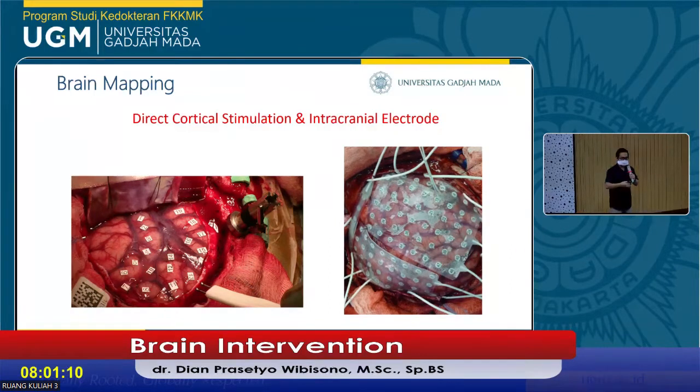And in this surgery, the patient is awake, jadi pasiennya bangun di sini ya. Pada prosedur ini tuh pasiennya bangun. With the awake patient, we instruct the patient to say something, maybe to do some motoric movement, to read something, to write something. So actually it's the same.